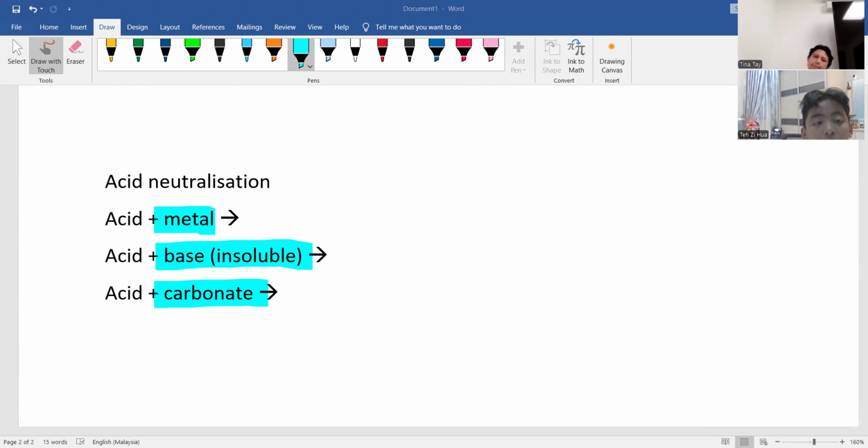When they react with acid, they produce a salt. Yeah, correct. But what is special about metal, insoluble base, and carbonate? Are they solid, liquid, or gas? Solid. Yes. So the three of these are all solid.